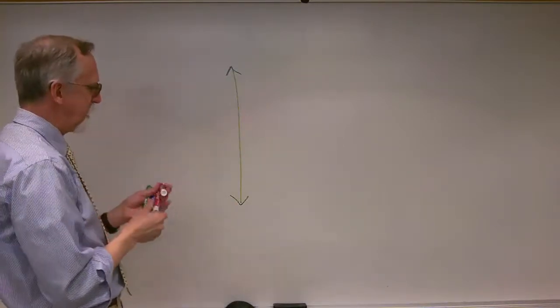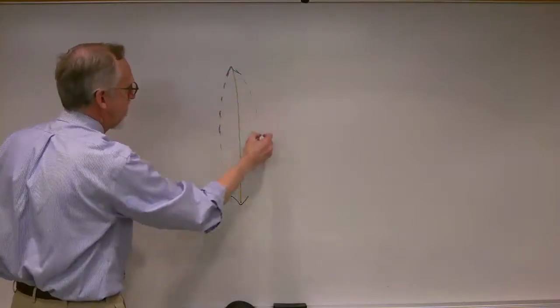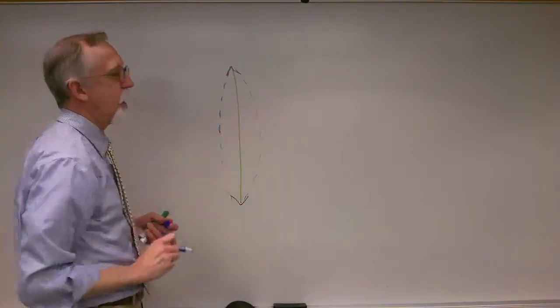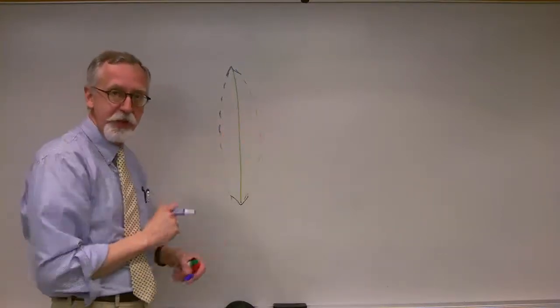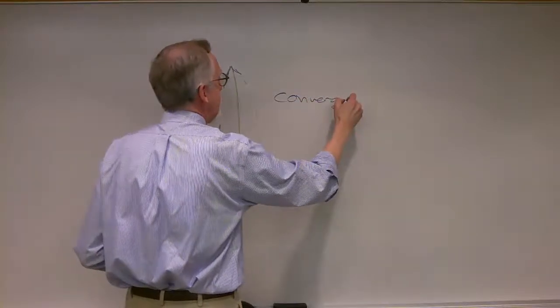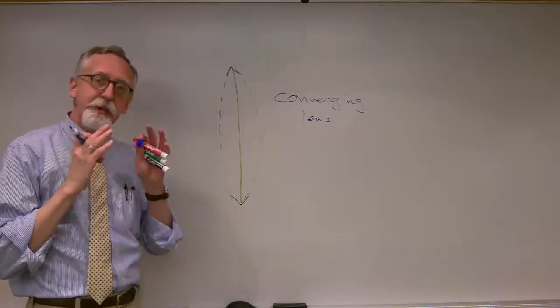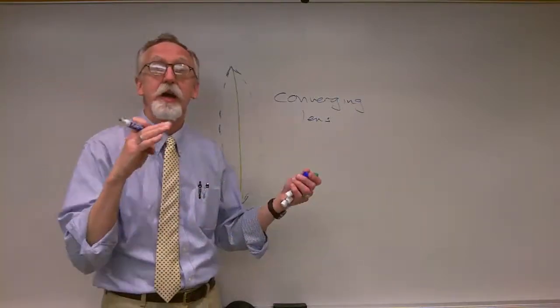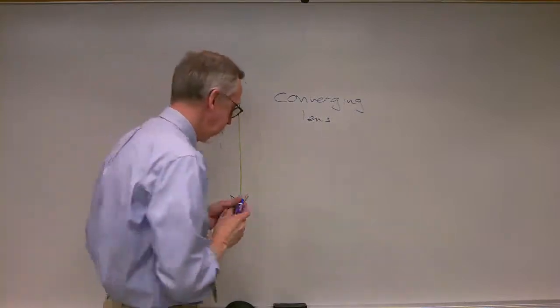So when we have these two symbols at the top and the bottom, we'll know that we've got a lens that converges incoming parallel rays, and so this is what we will refer to as a converging lens. A converging lens takes incoming parallel rays and converges them, in other words, brings them together to a single point.